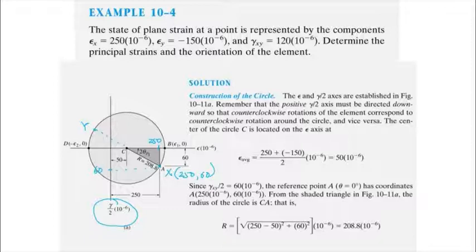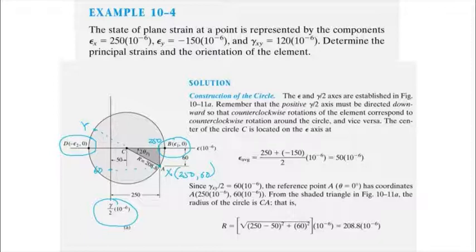So our purpose is to find the principal strains and the orientation of the element. The principal strain will be given by point B here, and the coordinate is epsilon 1, 0. And the principal 2 or minimum normal strain is given by point D, where the coordinate is epsilon 2, 0. So let's take a look at point B, and the plane BC represents the location of the principal plane for epsilon 1.